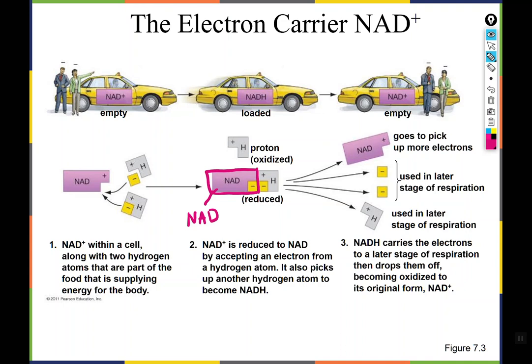And if I want to convince this molecule to pick up an additional electron, I have to give it not just an electron, but an electron plus a proton, so a whole hydrogen. So this is electron number 2. And also it's important to note that reduced, if you are reducing something, it means you're sticking an electron to it.